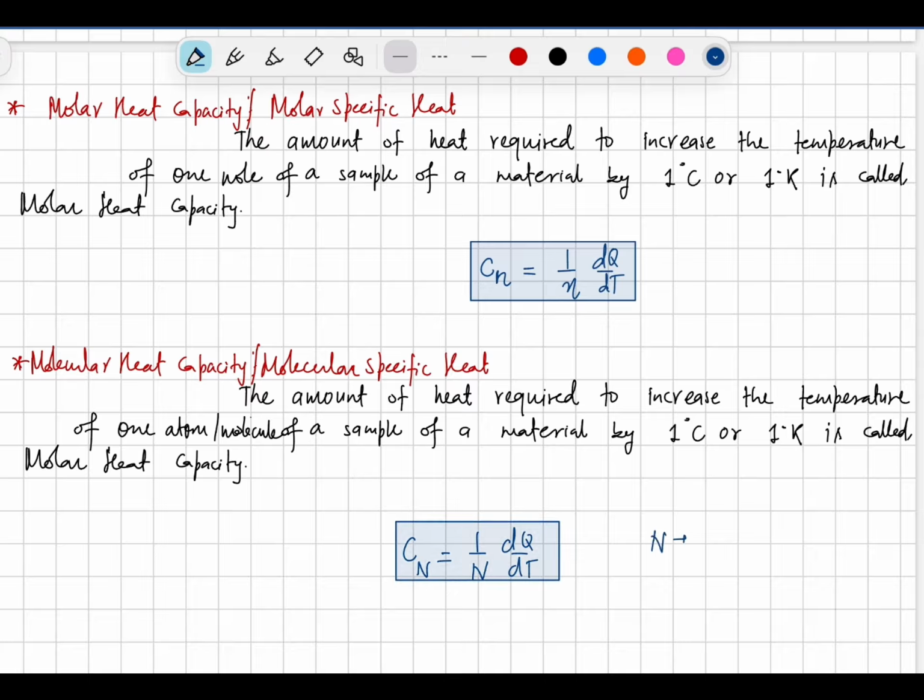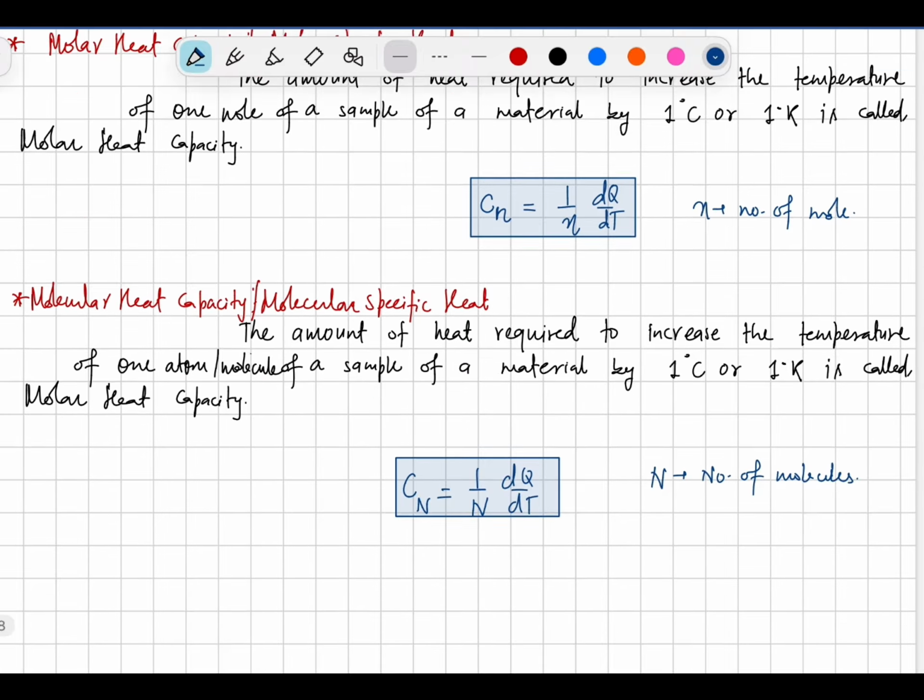Here n is number of molecules, and here n is number of moles. Fine. So these were all the possible cases.